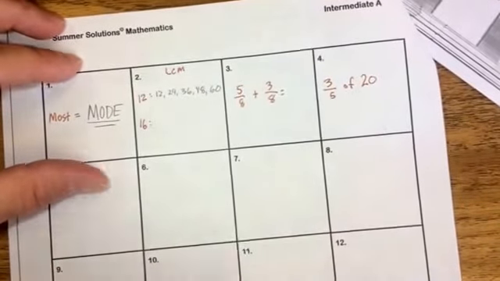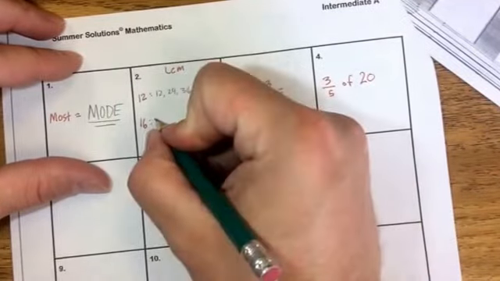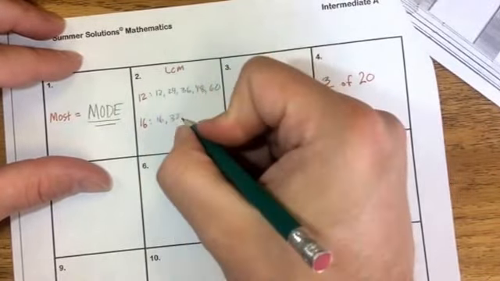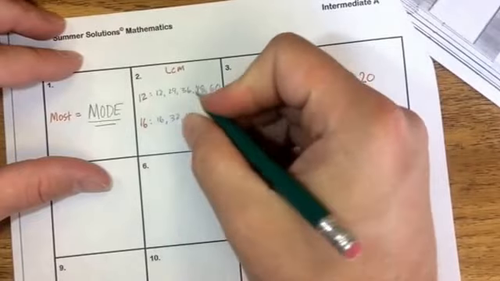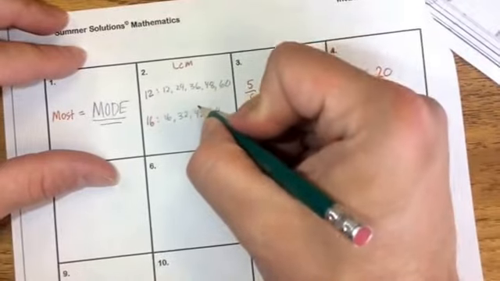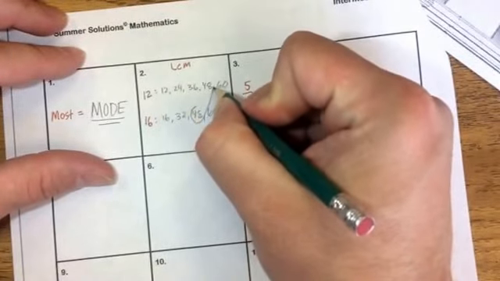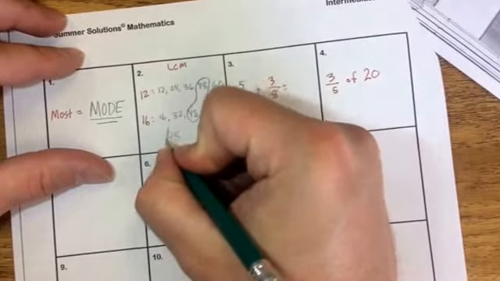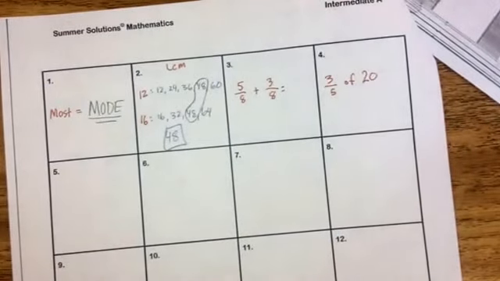And then my multiples of 16 are 16, 32, 48, 64, and I'm going to stop there because I found my least common multiple is 48, okay? 48 is your least common multiple.